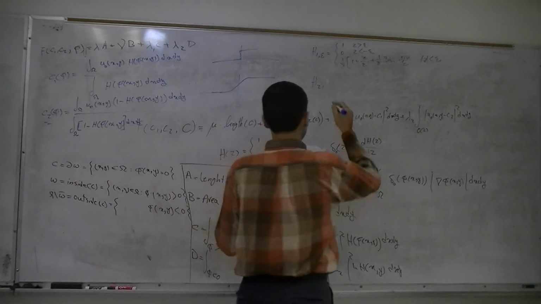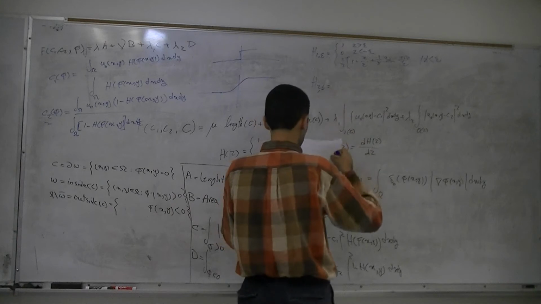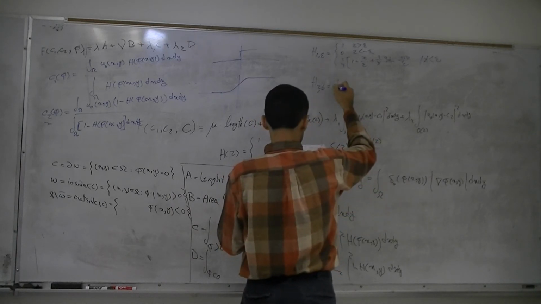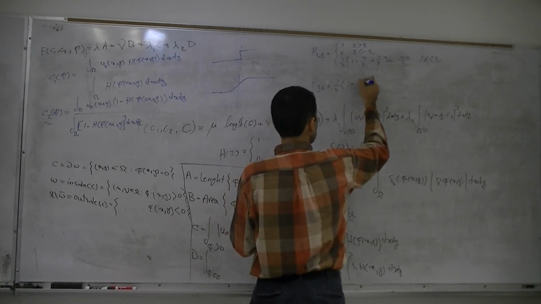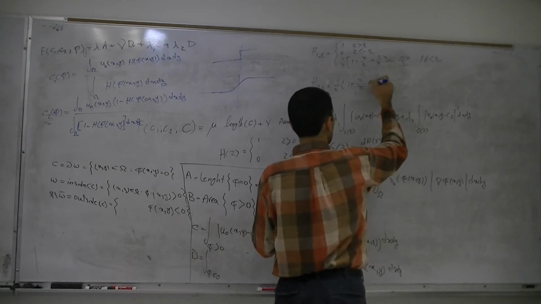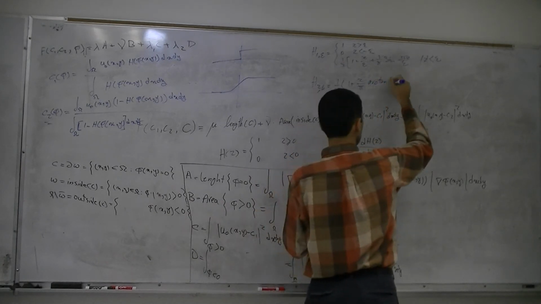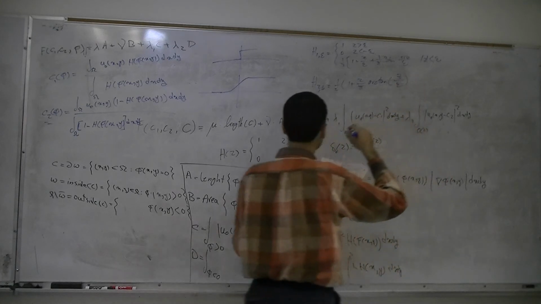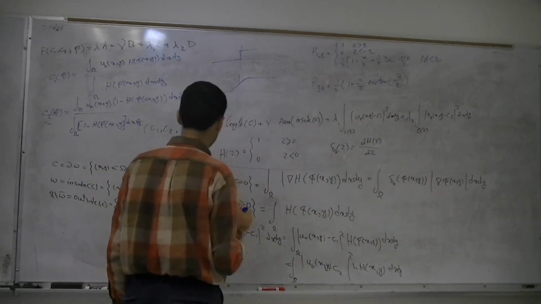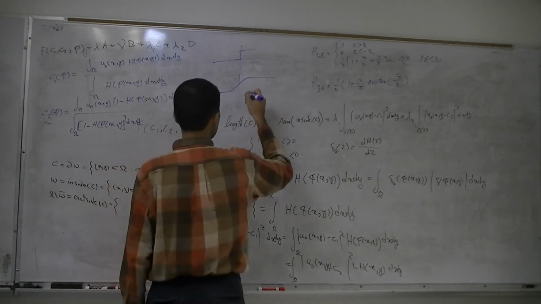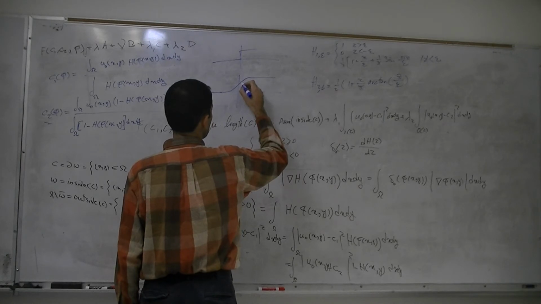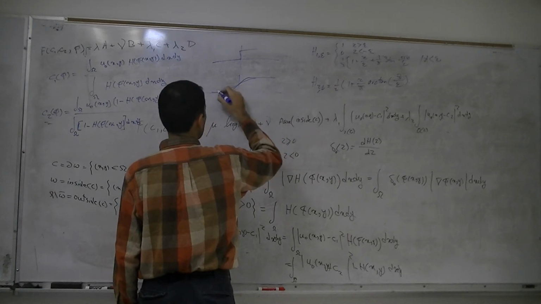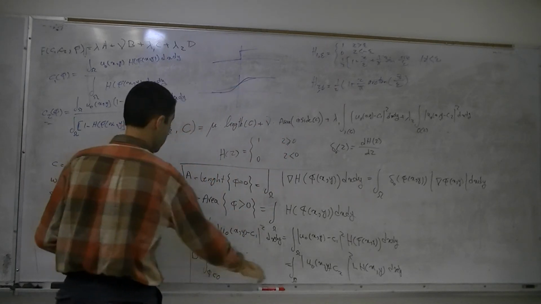But for the second one, H2 of epsilon, which is equal to 1 over 2, 1 plus 2 over pi arctan of c over epsilon, this one is something like this.